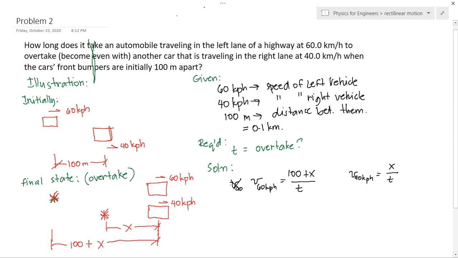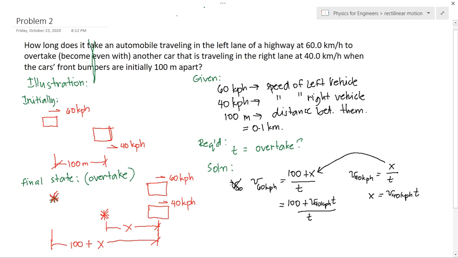So since meron tayong x dito sa second equation, we can plug this one here, diba? So we can write this as x is equals to v40 kph times the time. So substituting, we have 100 plus v40 kph times time over time.